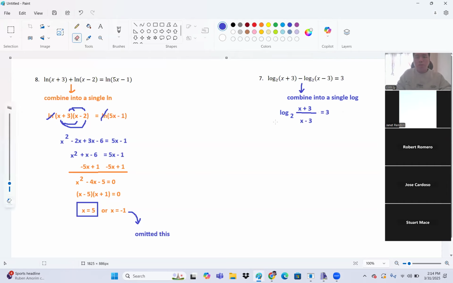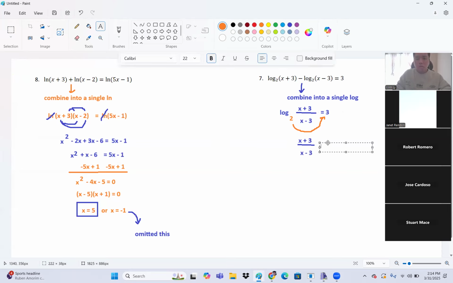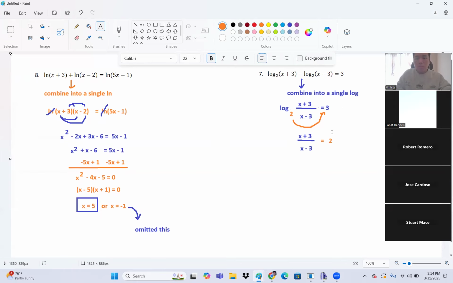And now you're gonna move 2 to the right. So we're gonna keep the whole thing equal to 2 to the third, and then that would be 8.